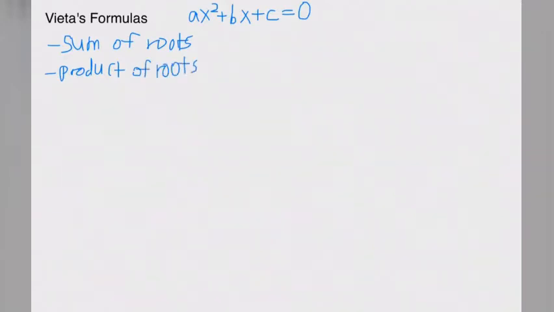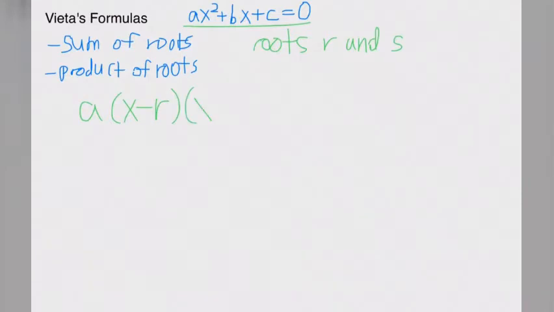Let's say we have roots r and s, and we know we can rewrite this equation in terms of r and s. We can write it in this form. Expand. So we're going to have an a on the outside.